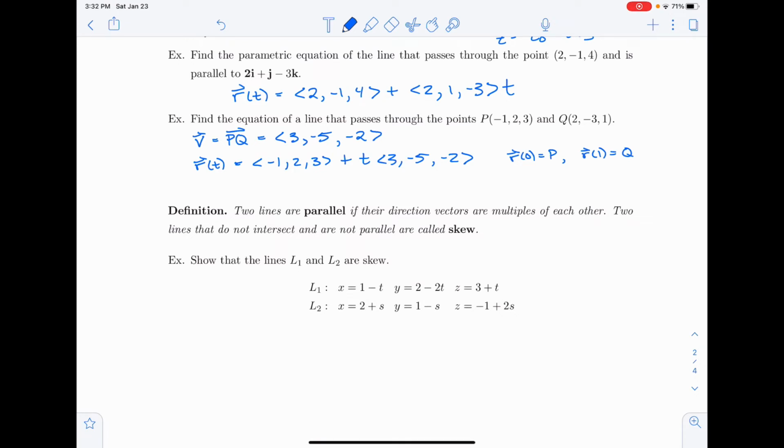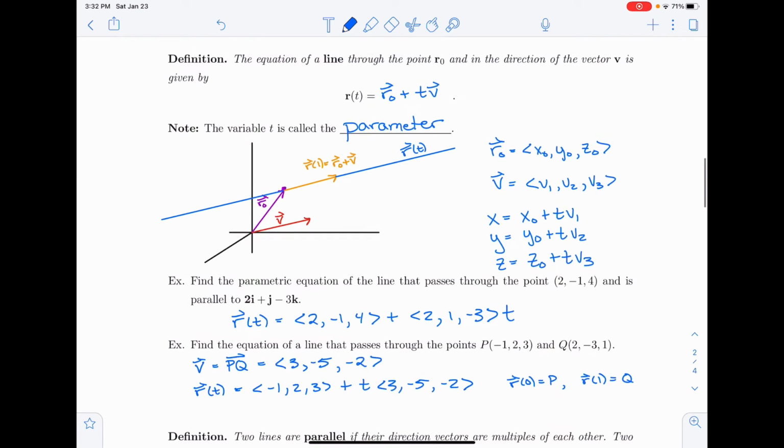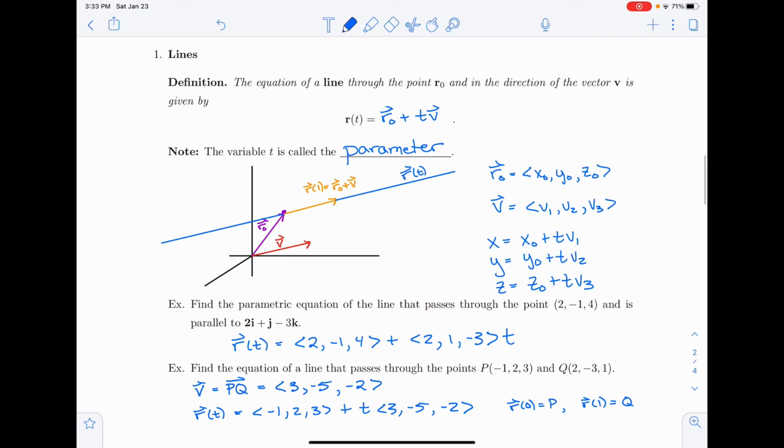So sometimes it's nice to think of my equation of a line, if I've got 2 points, as being r(t) equals the point P plus the vector PQ times t.